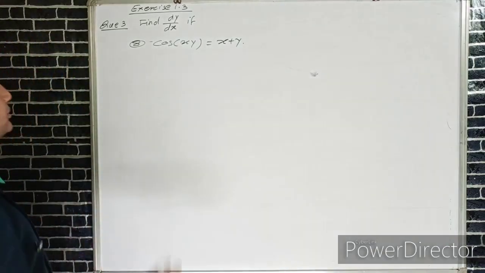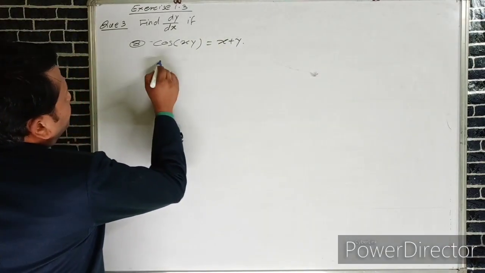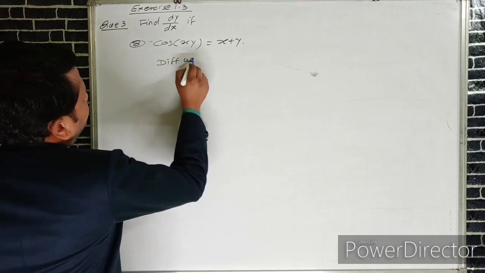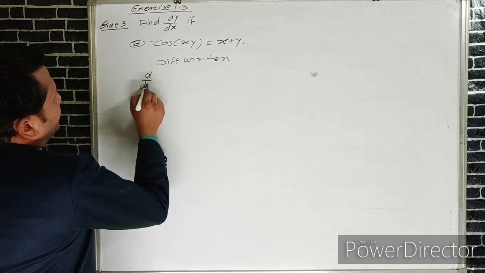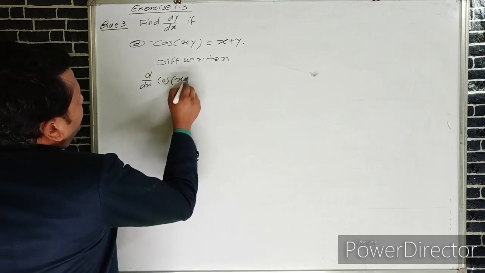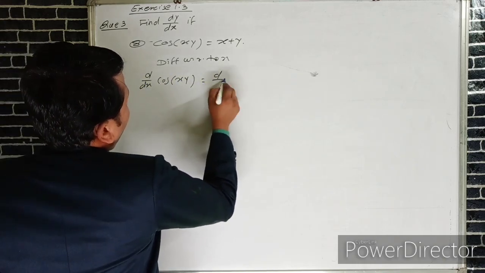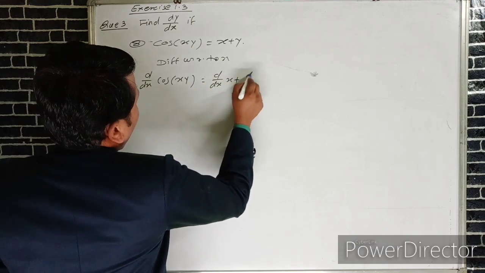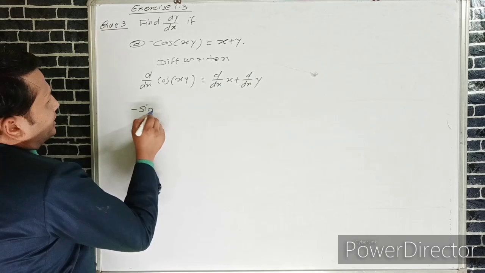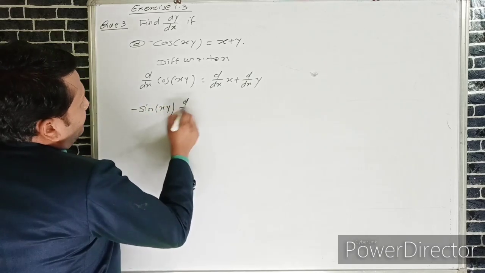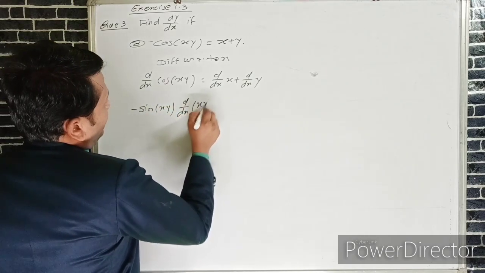Example number 8 is cos of xy is equal to x plus y. If we differentiate with respect to x, then we can write derivative of cos of xy is equal to derivative of x plus derivative of y. Derivative of cos is minus sin of xy as it is, and we take again a derivative of x into y.